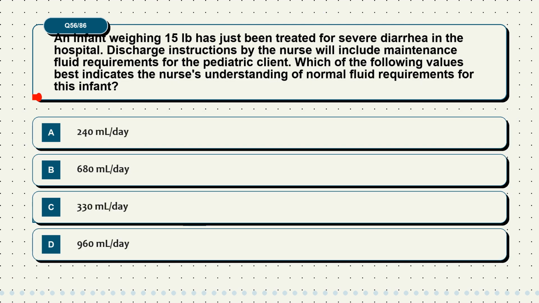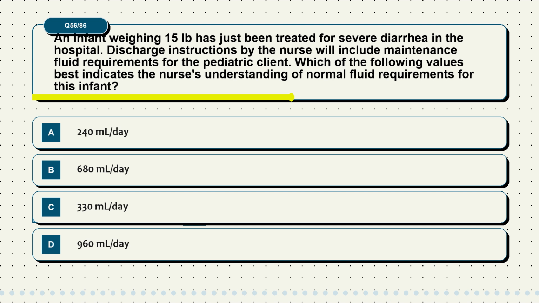Question 56. An infant weighing 15 lb has just been treated for severe diarrhea in the hospital. Discharge instructions by the nurse will include maintenance fluid requirements for the pediatric client. Which of the following values best indicates the nurse's understanding of normal fluid requirements for this infant?